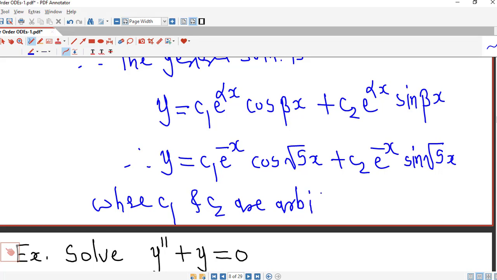Here, if we wish, we can take e raised to minus x common and rewrite the solution, where c1 and c2 are arbitrary constants.